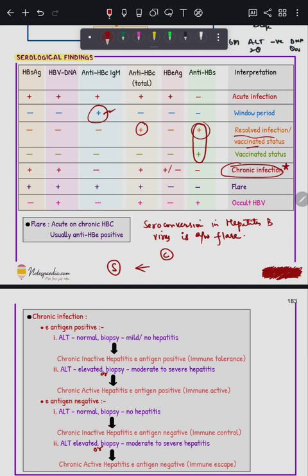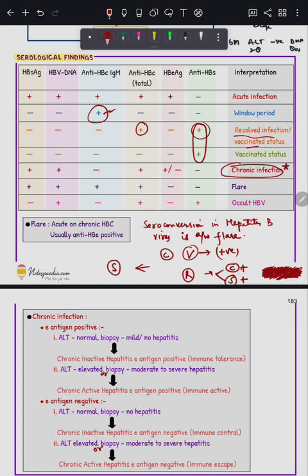So to differentiate between a vaccinated individual and a recovered past-infection individual, vaccinated will have only a single antibody against surface antigen, whereas the recovered will have antibodies formed against both core and surface antigen.